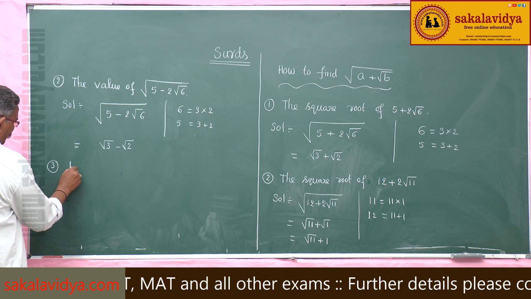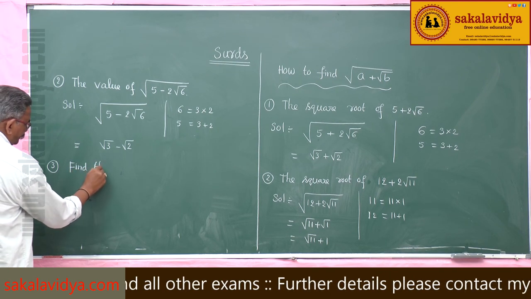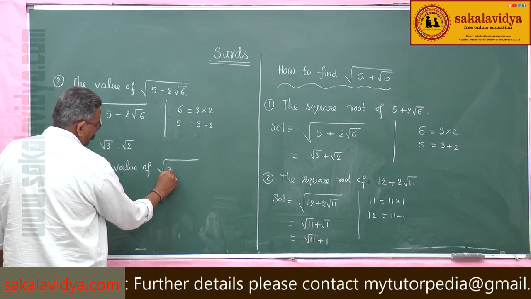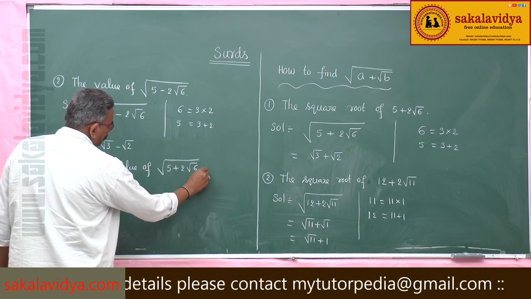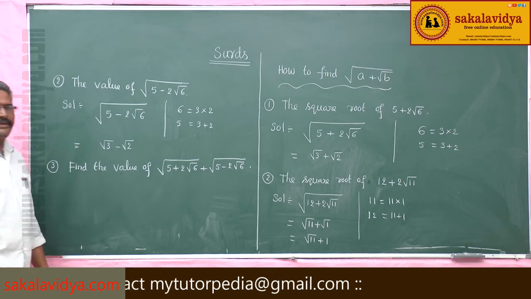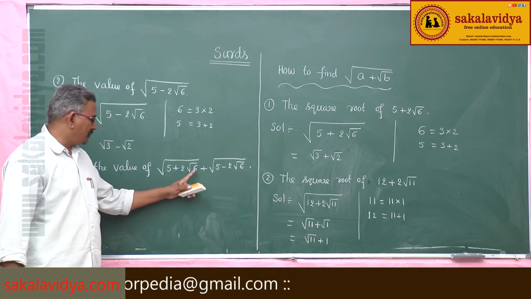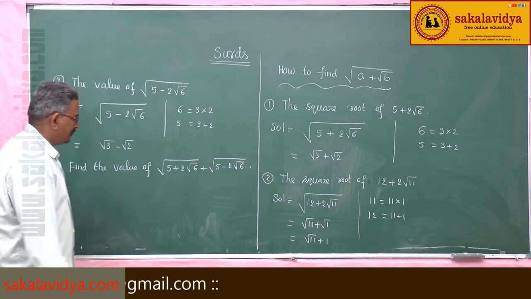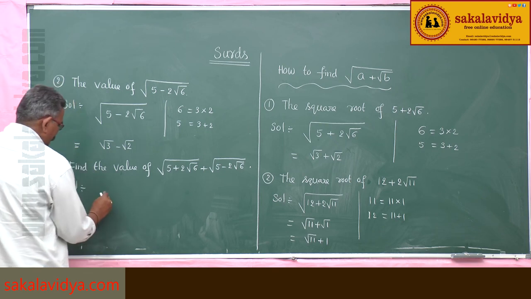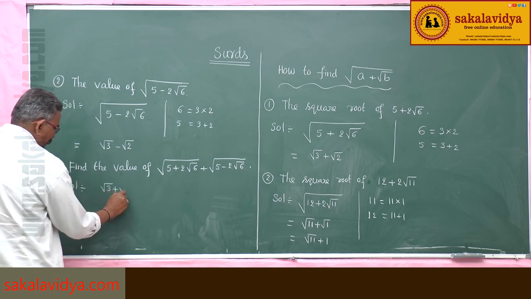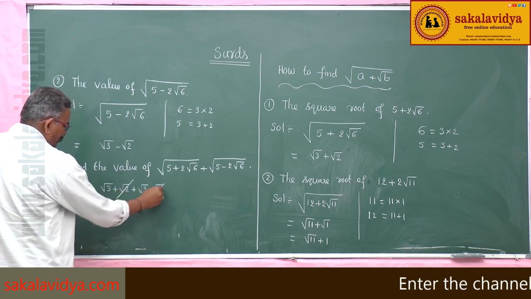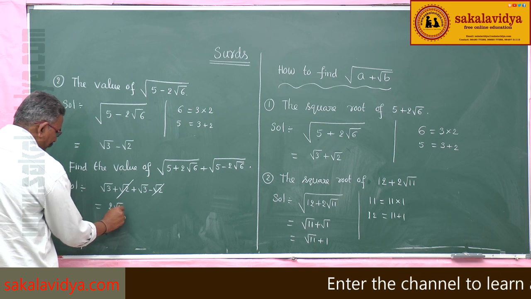Now find the value of the square root of 5 plus 2 root 6 plus the square root of 5 minus 2 root 6. Already we know the square root of 5 plus 2 root 6 is, directly we can write, root 3 plus root 2, plus root 3 minus root 2. What happens? These two get cancelled. We have 2 root 3.